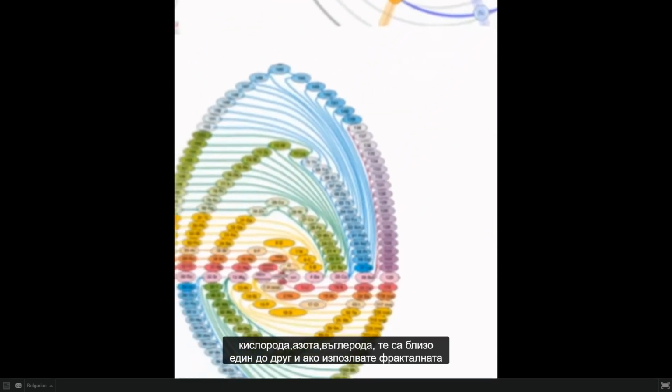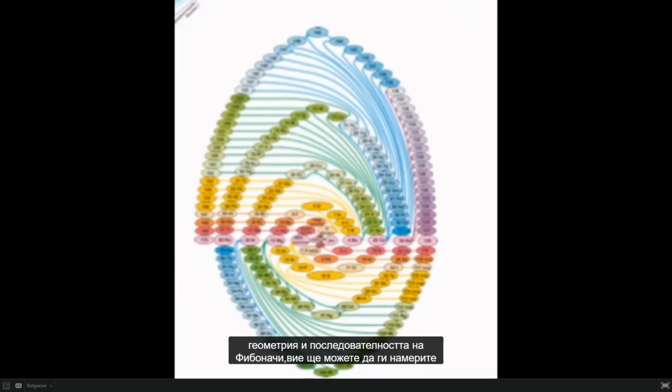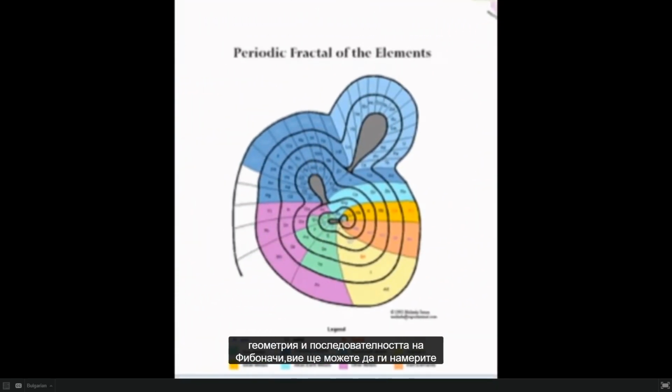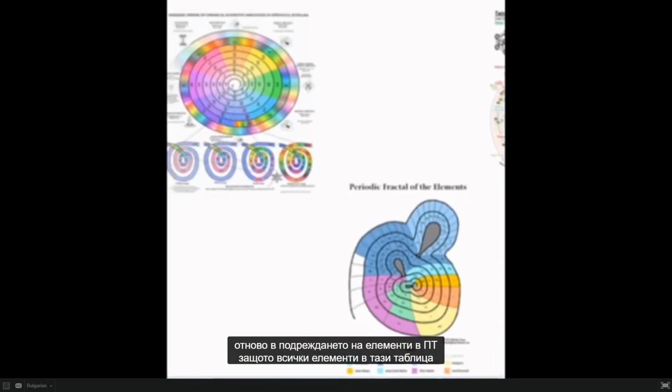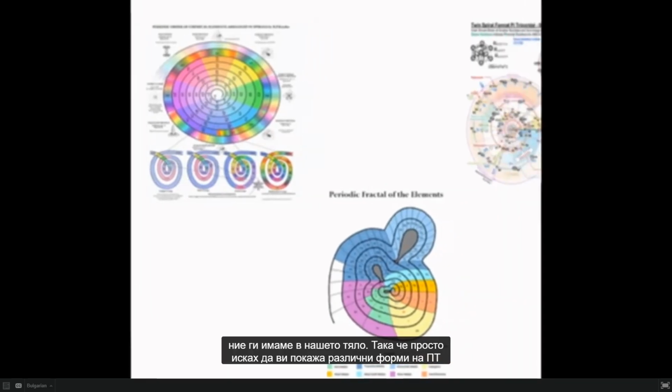They are close together. And if you use fractal geometry and the Fibonacci sequence, you are able to find them again in the arrangement of elements in the periodic table, because all the elements in that table consist in our body.